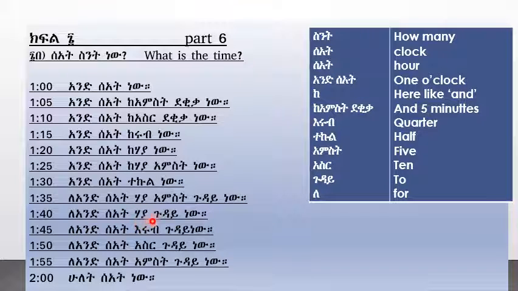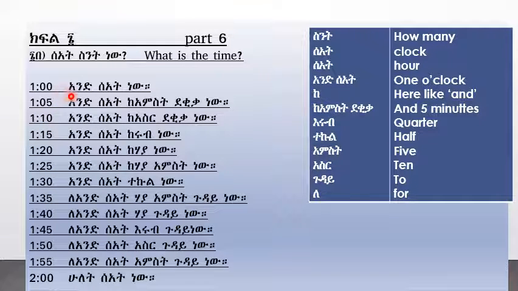ለአንድ ሰዓት 20 ጉዳይ ነው. ለአንድ ሰዓት ሩብ ጉዳይ ነው. ለአንድ ሰዓት 10 ጉዳይ ነው. ለአንድ ሰዓት 5 ጉዳይ ነው. 2 ሰዓት ነው. Your exercise will be to write from 2 to 3 in 5 minute increments.